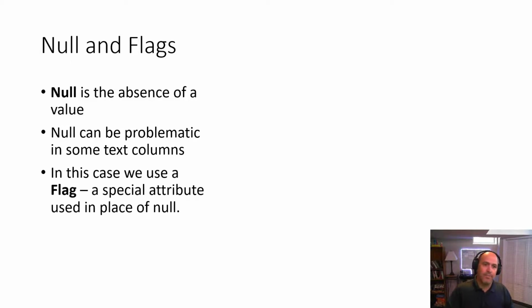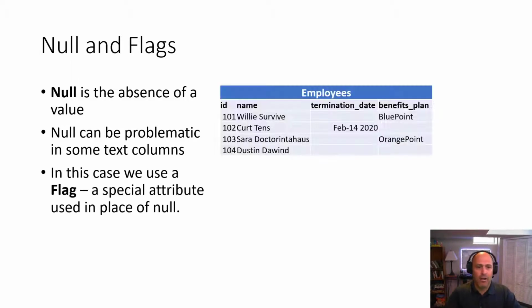Where it becomes a problem is when null takes on multiple meanings. For example, null's okay here because this gentleman here, Curtins, he left the company on February 14th, 2020.